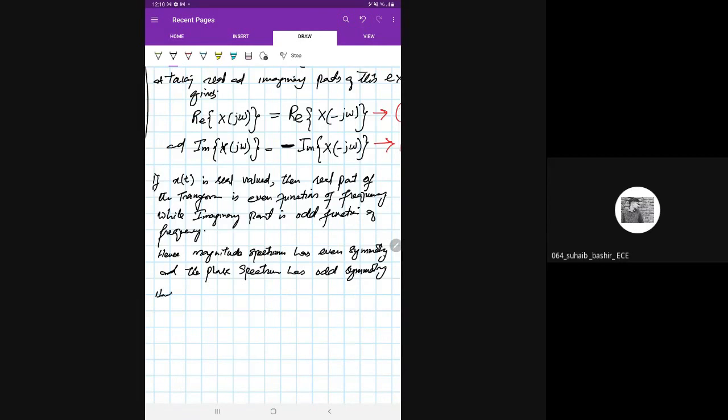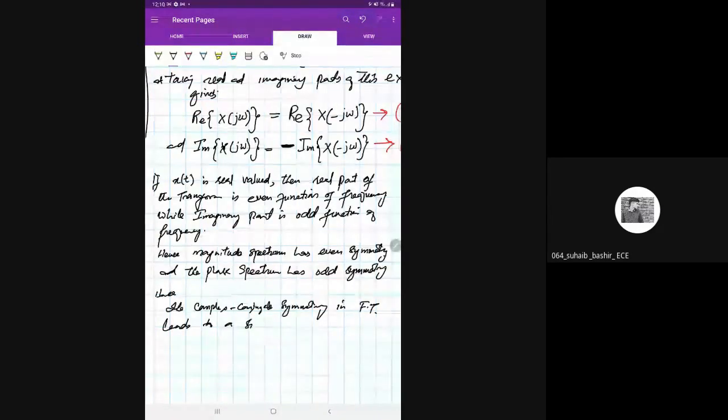Hence we can say the complex conjugate symmetry in the Fourier transform leads to a simple characterization of the output. I'll show you an example. ये थोड़ा सा clear हो जाएगा what I'm writing now.